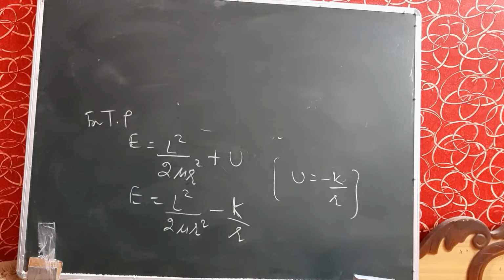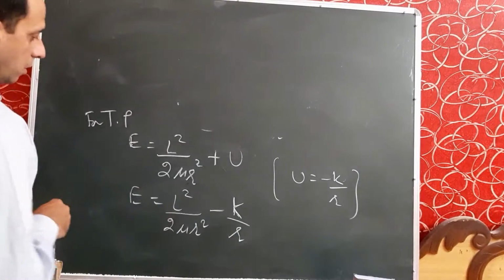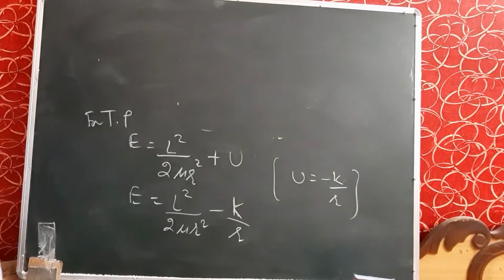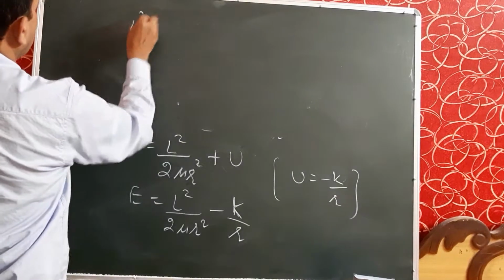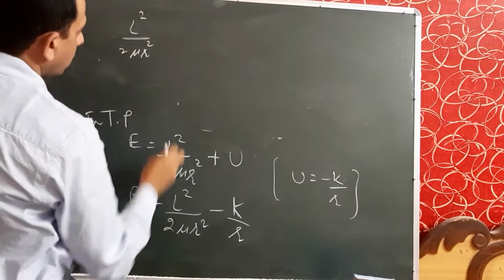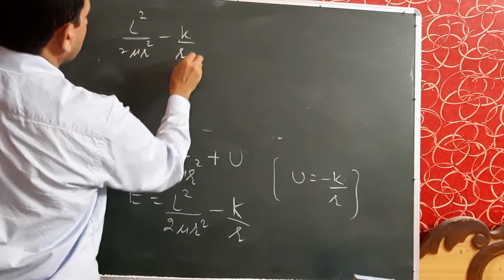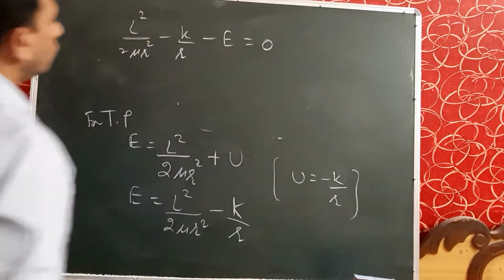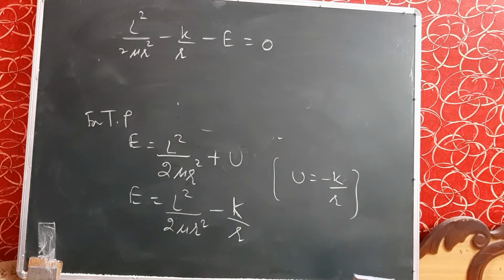Now, reduce this equation into a quadratic equation. Taking E on the left hand side, we get L square over 2 mu r square, minus k by r, minus E equals 0. What is this?